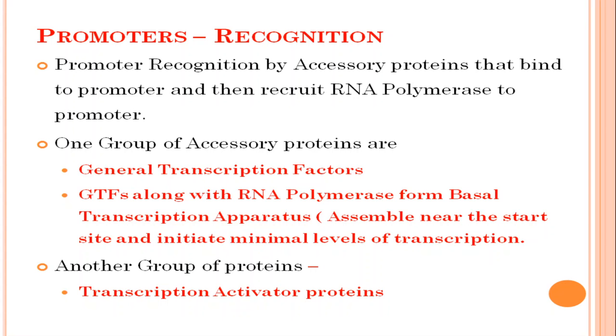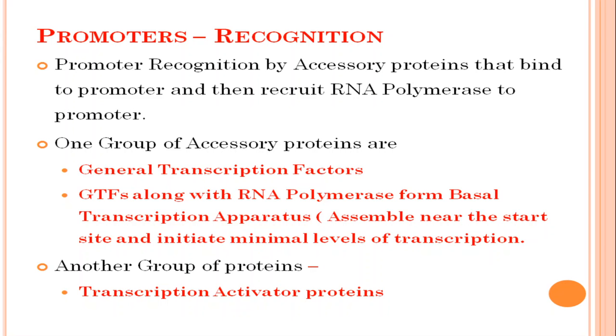In eukaryotic organisms, promoter recognition is carried out by accessory proteins that bind to the promoter and recruit RNA polymerase to the promoter. There are two groups of such proteins that play a significant role in promoter recognition and initiating the transcription process. One group of proteins is known as general transcription factors.